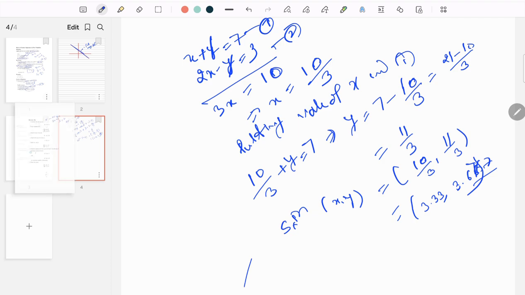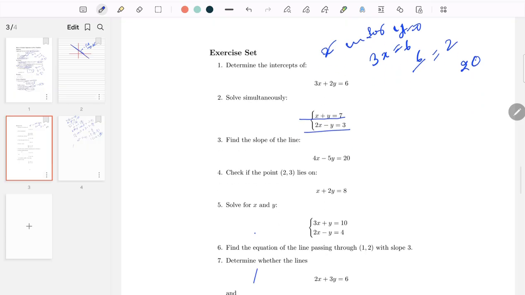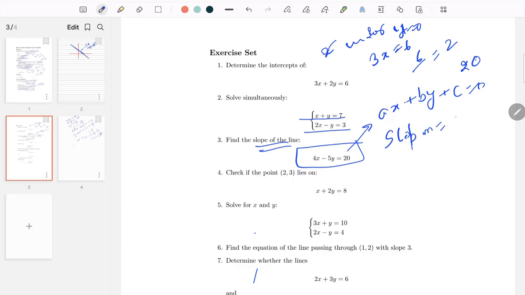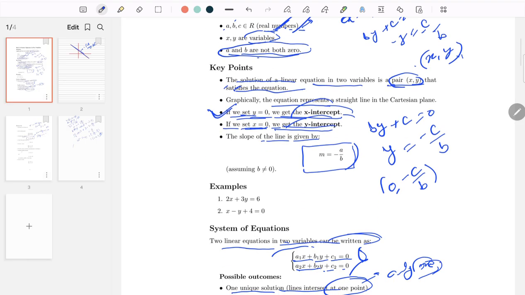Okay, next question is the slope of the line. We need to find the slope of the line. Compare with the standard form ax plus by plus c equal to 0. Then slope m equal to minus a by b.